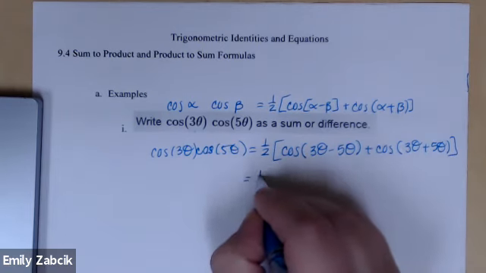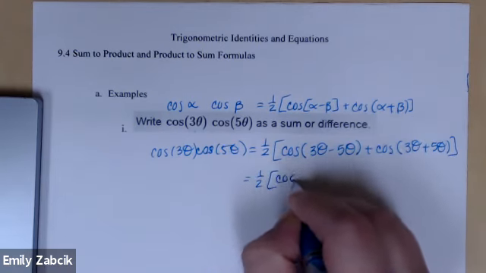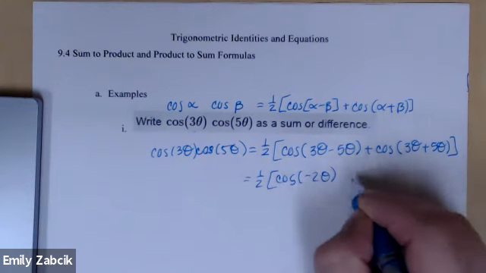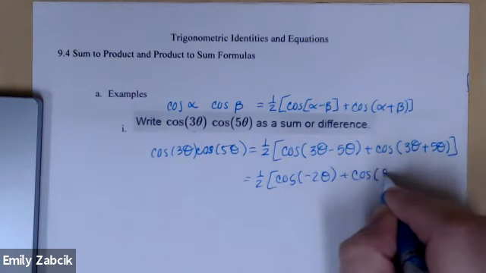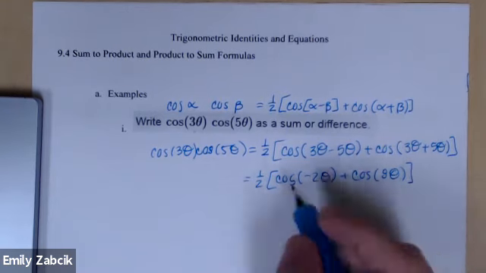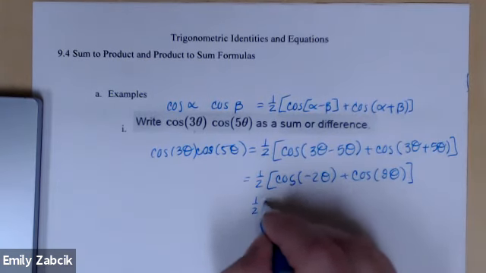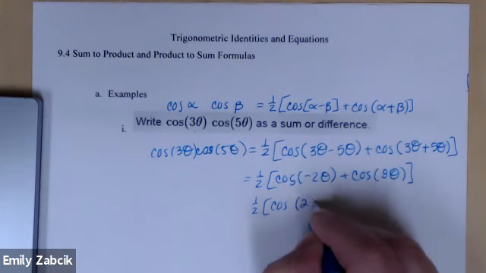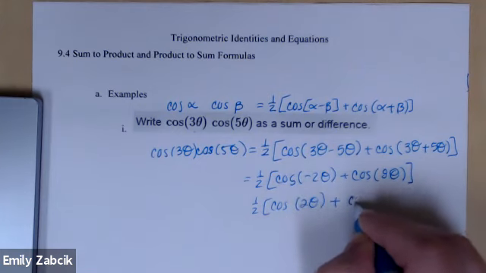Cleaning that up, I end up with 1/2 cosine of negative 2 alpha plus cosine of 8 alpha. Now, if you take into consideration the even and oddness of cosine, you learn that cosine of negative 2 alpha is the same thing as its positive version. So this would actually be equivalent to positive 2.